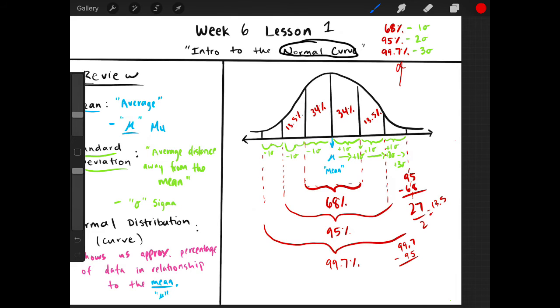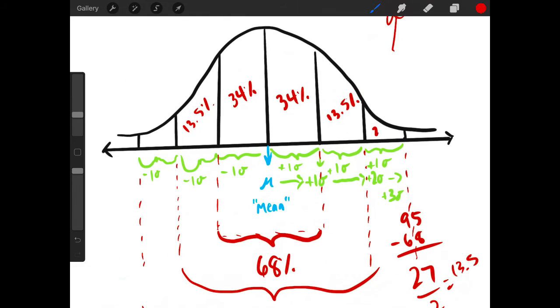Again, make sure you have your calculator ready. 99.7 minus 95 is 4.7. Again, we're going to take that and divide it by 2. 4.7 divided by 2 is 2.35. So what we know is in these smaller pieces here, 2.35% of our data has to lie here.